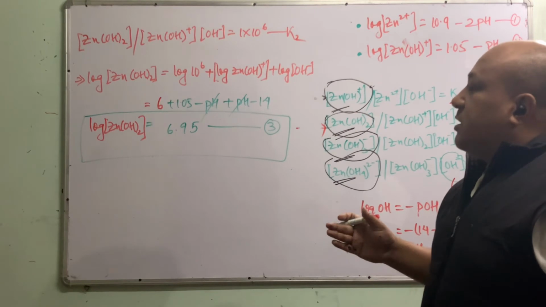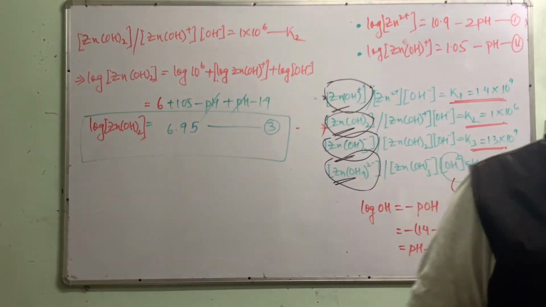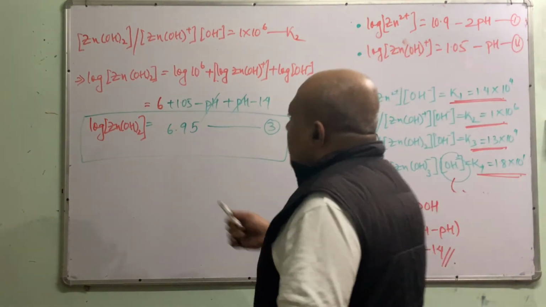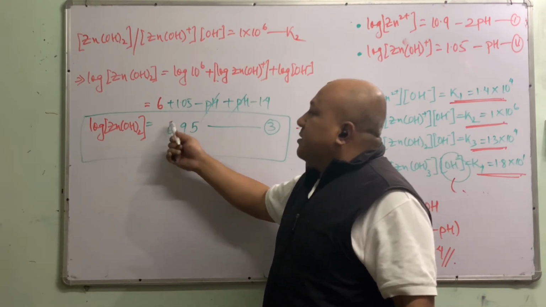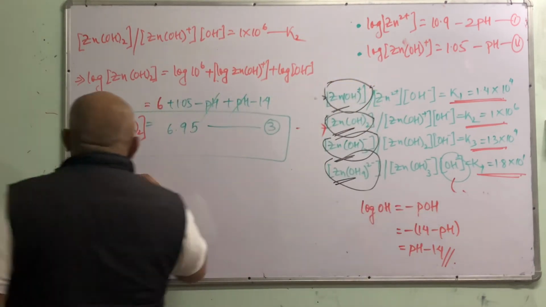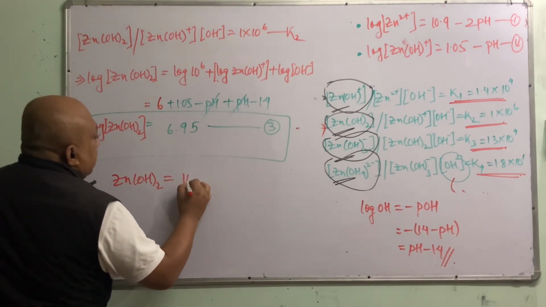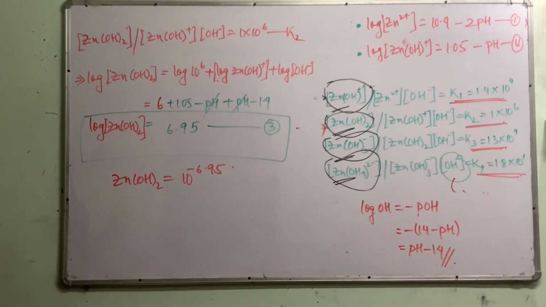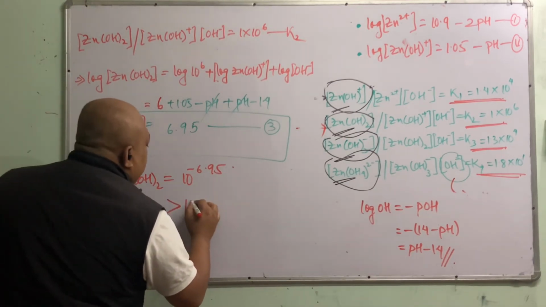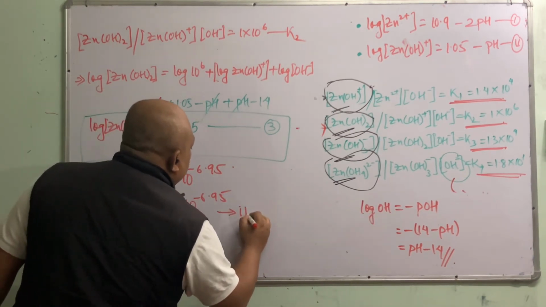This symbolizes that ZnOH2 is always insoluble, irrespective of the pH. So if the concentration of ZnOH2 is more than 10 to the minus 6.95, irrespective of the pH, it will become insoluble.